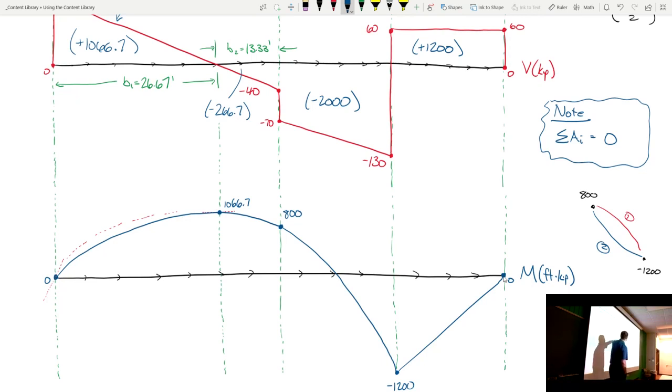The maximum positive bending moment is 1066, the maximum negative is negative 1,200. So if I was a designer, assuming it behaves the same way either way, I'd probably be worried about that moment the most. Just as with shear, the worst shear I'd be worried about is that one right there, because that's the highest magnitude on the shear diagram. Does that make sense?